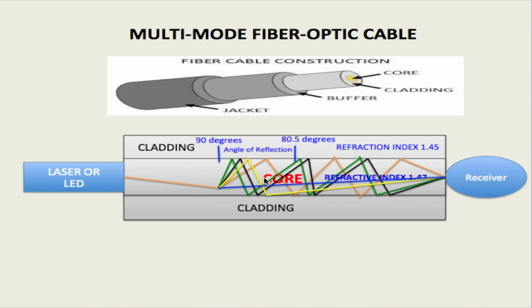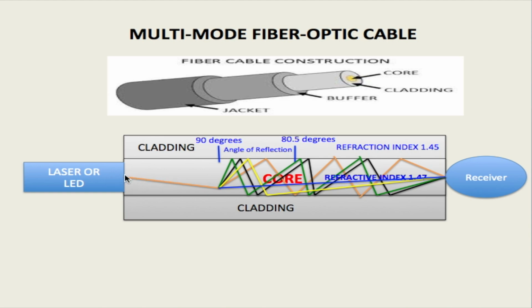Well, what happens is that the paths that are shorter would get there first, and the zigzag paths would take longer. And this causes distortion because a lot of the signal may not get to the receiver on time, so the signal becomes distorted. Also, the next cycle may start.